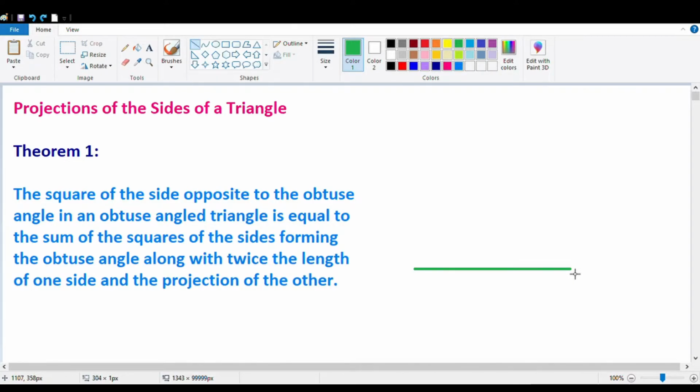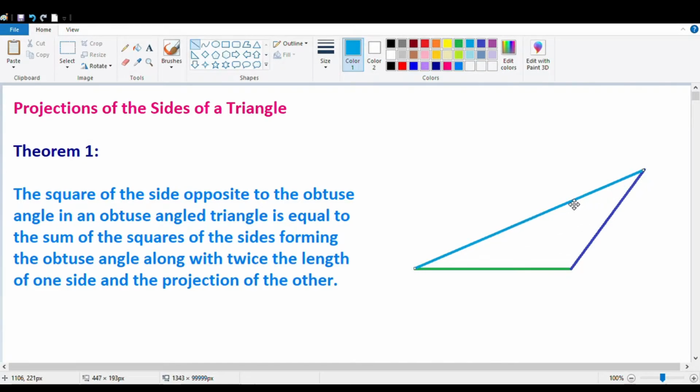So let's say that this is the base. I'm making all the sides different so that it's easier for you guys to understand exactly what we're talking about right now.